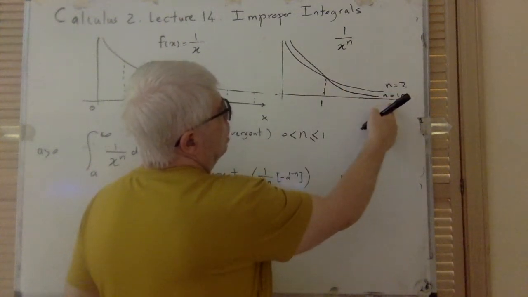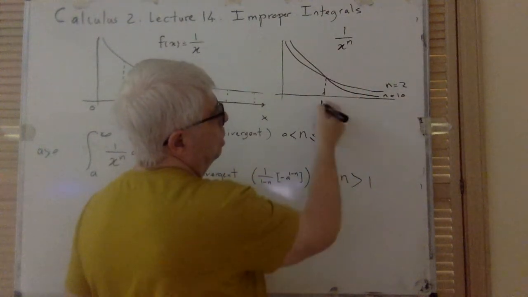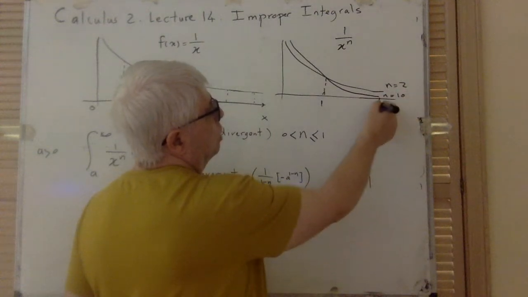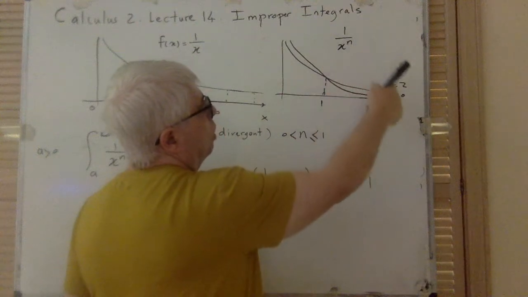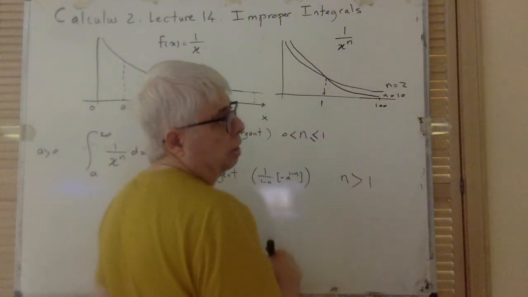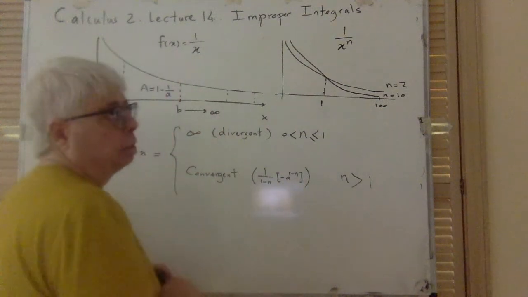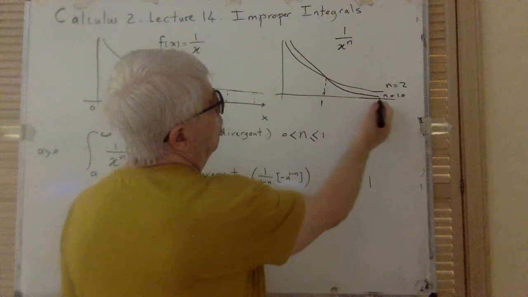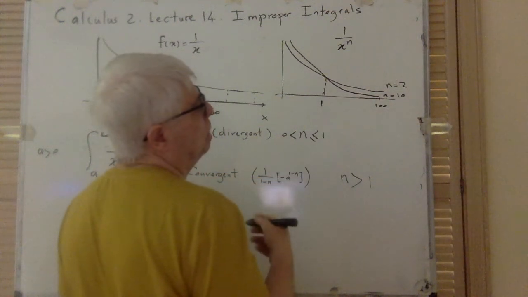This one, n equals 10, that's x to power 10. And you can see that when I go further and further, for example at point 100 here, 100 to power 10 is 10 to power 20. It has 20 zeros, so that's almost 0. So at about point 100, it is almost touching the x-axis.